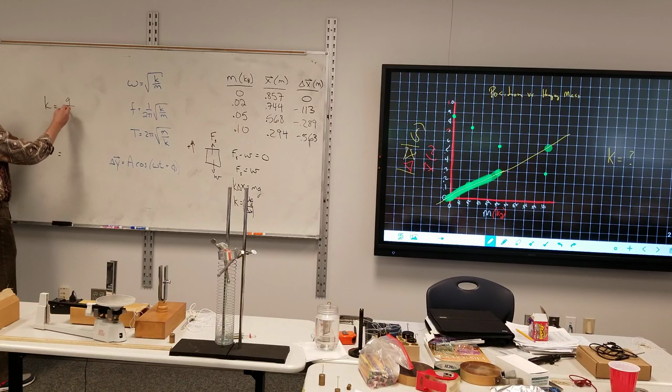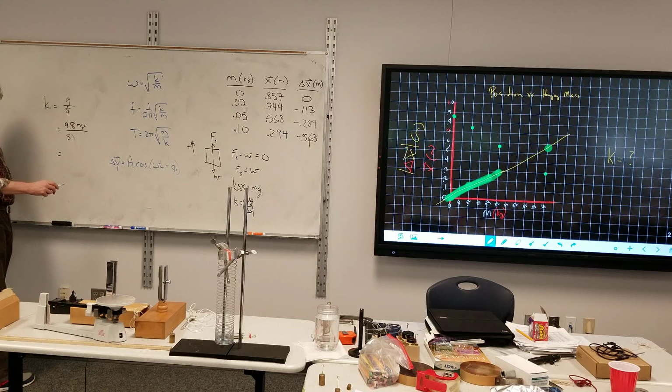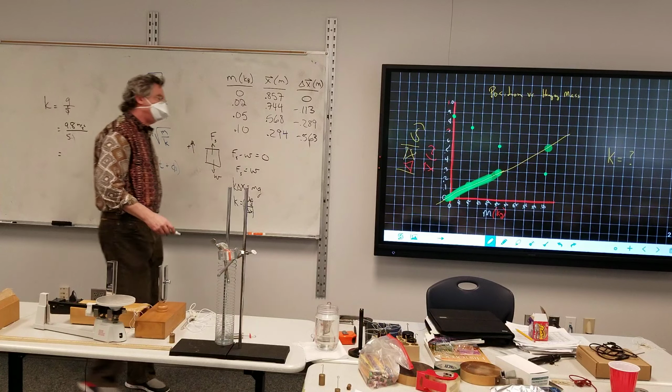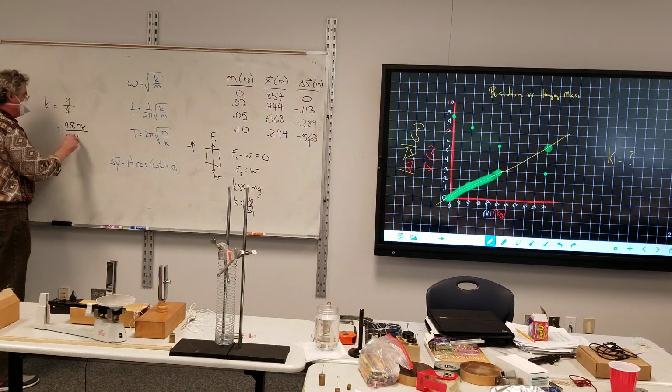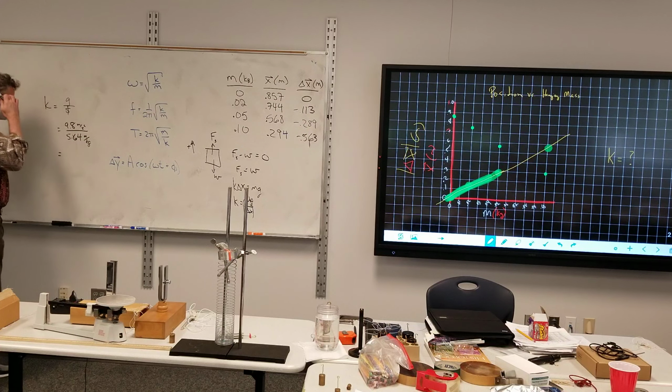This is g divided by the slope. So 9.8 meters per second squared over 5.64? I think so, yeah. 5.64, and that was meters per kilogram. So what do we get?